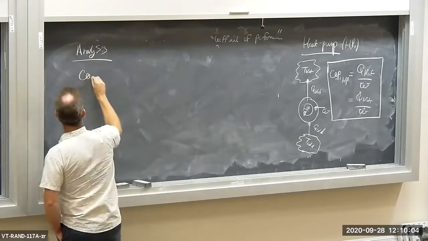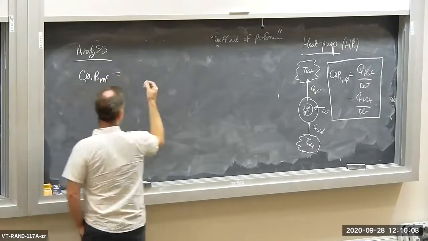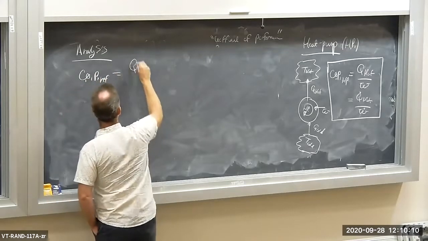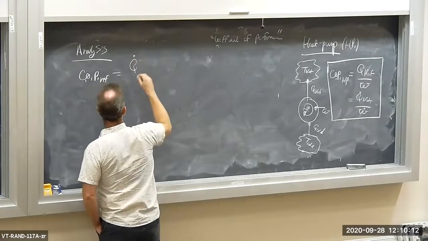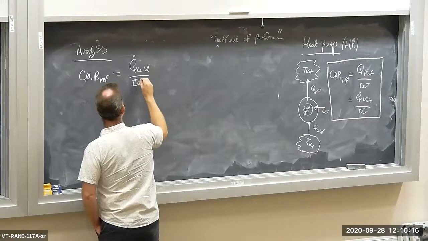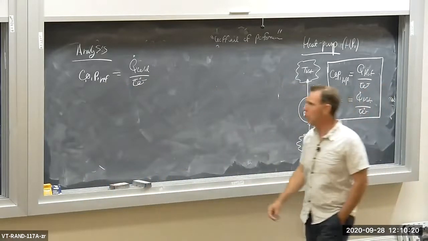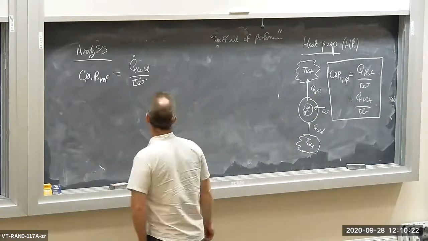So COP for a refrigerator, the benefit over the cost. For a refrigerator, we're interested in the heat transfer from the cold place divided by the work required to power the refrigerator. We have the work and the heat.